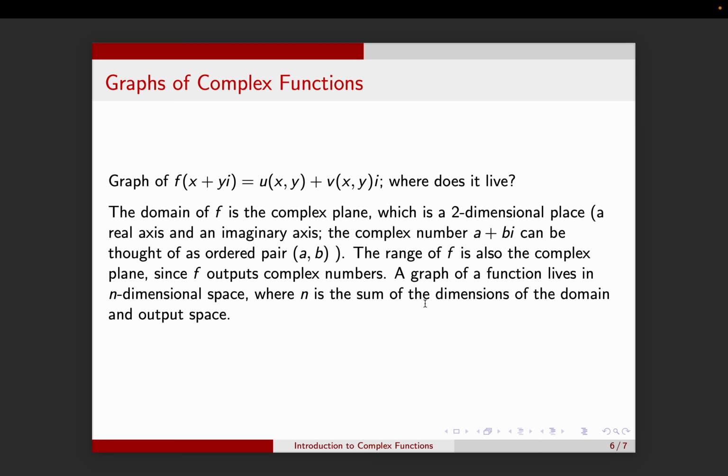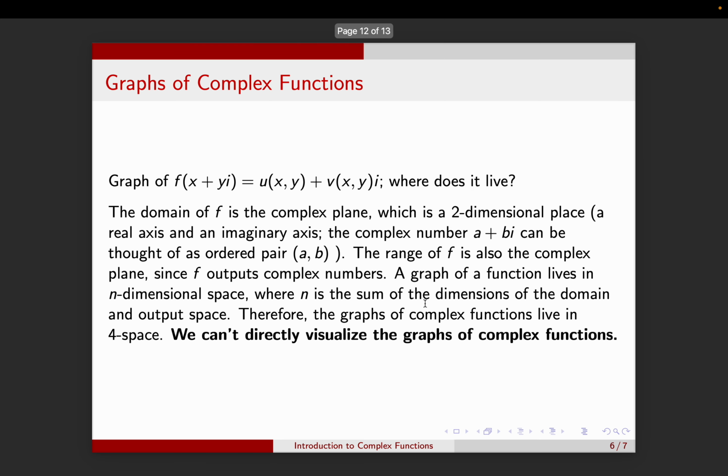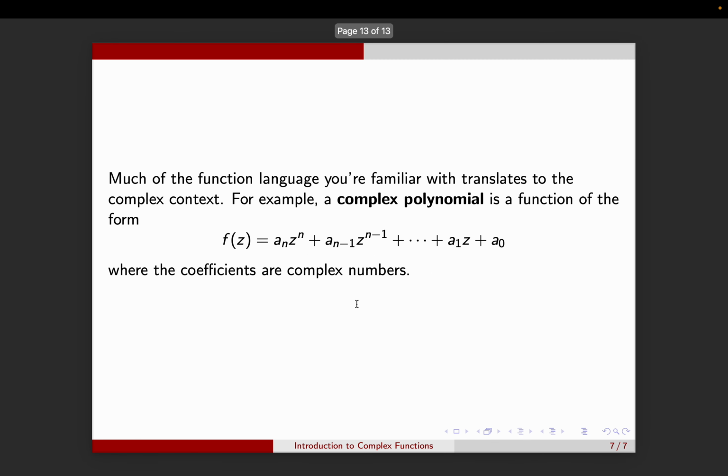So if you're inputting something from dimension 2 and outputting something from dimension 2, 2 plus 2 is 4. So complex function graphs live in four-dimensional space. I'm not going to be drawing for you any graphs of complex functions. I can't give you a link to a complex function visualizer, for example. There are ways to maybe get around that that we'll see in the next video, but you can't directly look at graphs of complex functions.